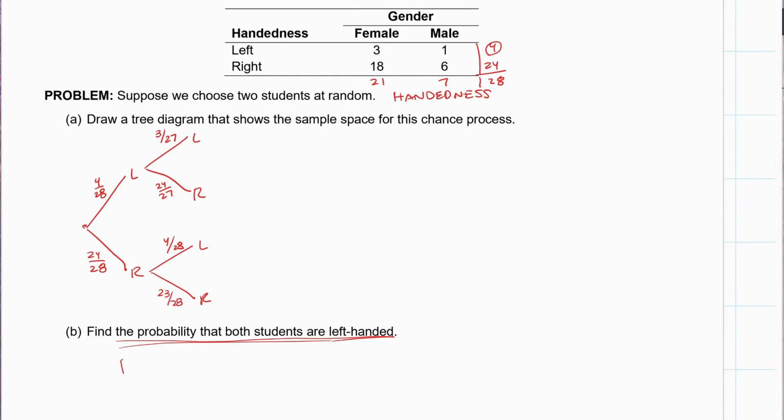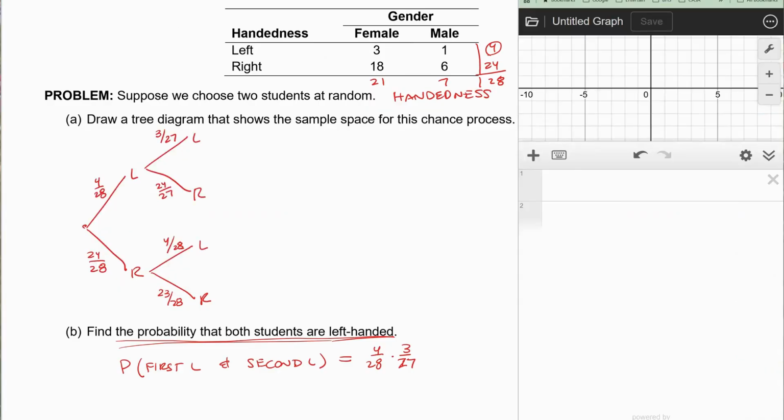Well, the probability of the first one being left-handed and the second one being left-handed ends up being 4/28 times 3/27. And I'm just going to go to Desmos and do that calculation real quickly.